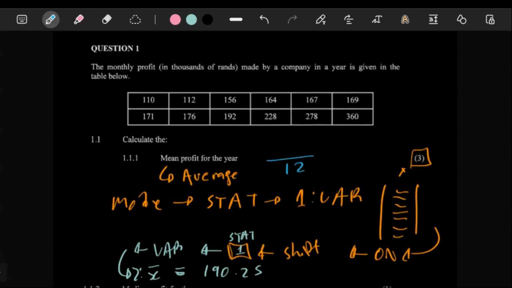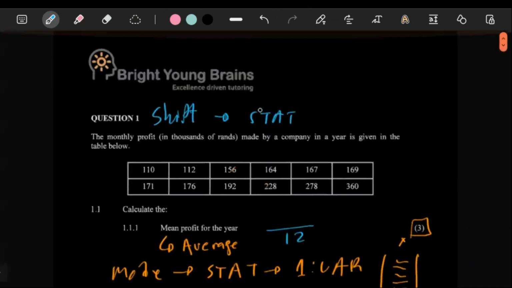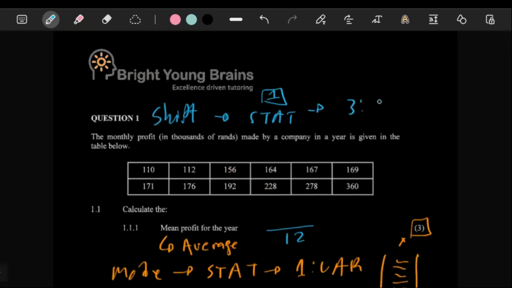So doing it manually, you'd need to add everything up. You might also just use your calculator to give you the sum of everything. You can click on shift, and then click on stat again, which is the number 1 button, remember? And then you want to click on sum. Sum is going to give you everything added together.